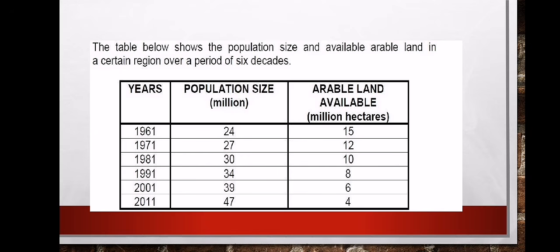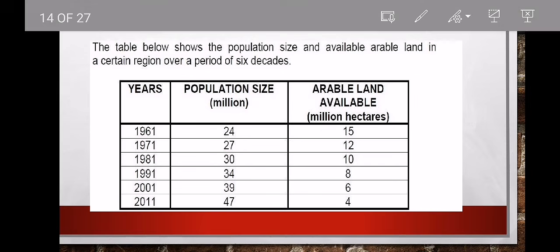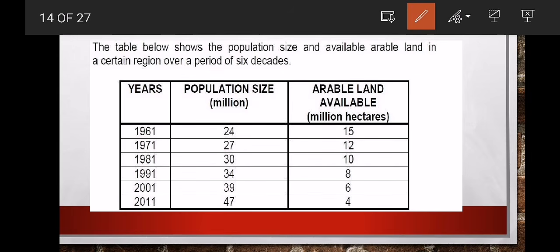The table below shows the population size and available arable land in certain region over a period of 6 decades. This is the table. What is happening is that if you can check, the population size increases.